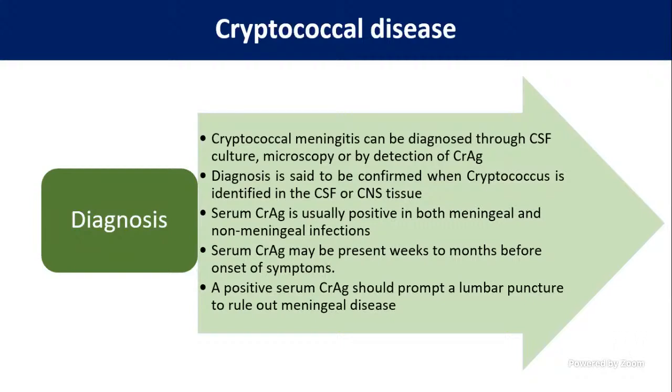There are certain exceptions within the current guidelines to understand when we actually label a person as frank cryptococcal meningitis. A positive serum CrAg should be followed by a prompt lumbar puncture to rule out meningeal disease. This is how we are going to diagnose. We will see this in detail in our OI management session. Next slide.